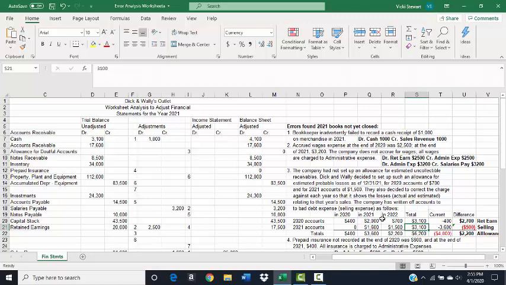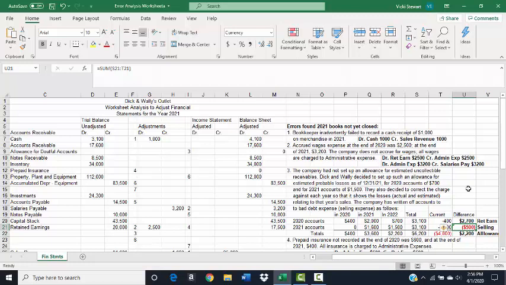But because of that $2,000 from 2020 sales, we've actually got $3,600 in selling expense right now for bad debts. So that is $500 more than we actually needed. So we're going to have to credit our selling expense to remove that $500.